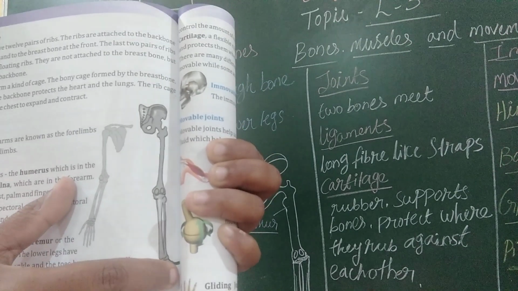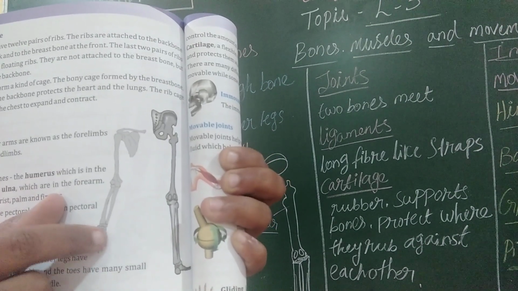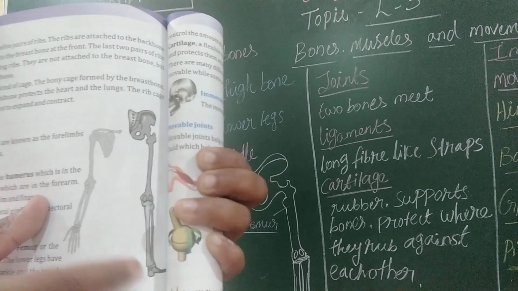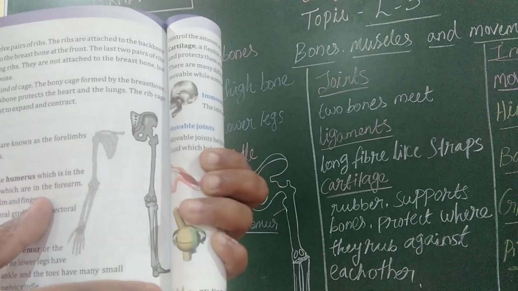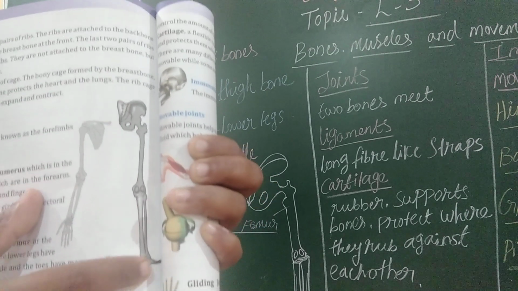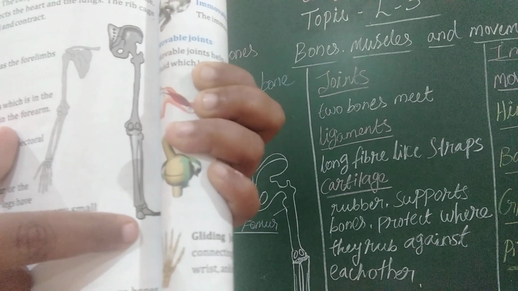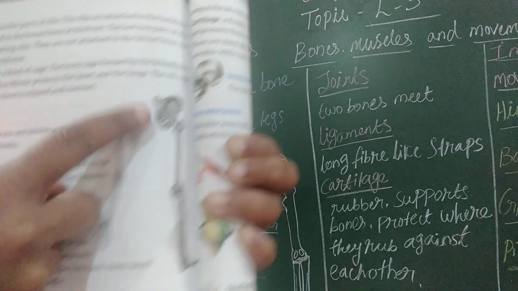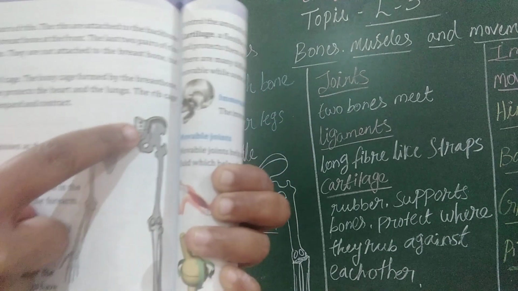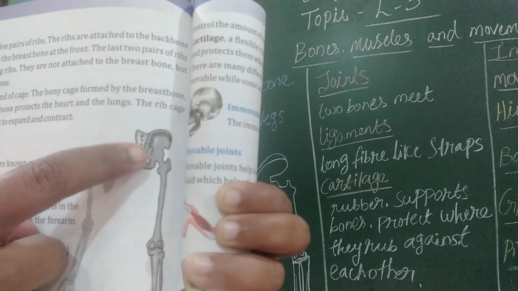Like how in the fingers many bones join together to form the fingers, in the same way here many small bones join together and form the feet and toes. And this is called the pelvic girdle.